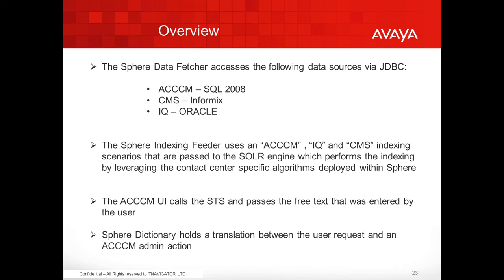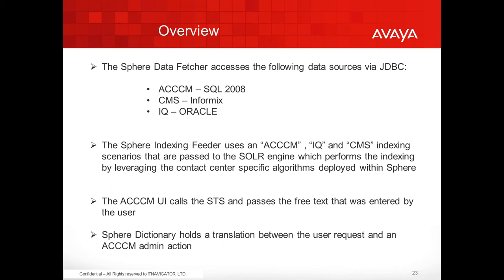In the backend, the ACCCM Sphere environment takes all of the objects in your environment, for example a VDN, and breaks that object down into different types: the VDN class of restriction, the VDN skill assignment, the VDN variable assignment, the VDN vector assignment. It breaks this object down into all of these small objects, places them within the ACCCM database, and indexes those results.